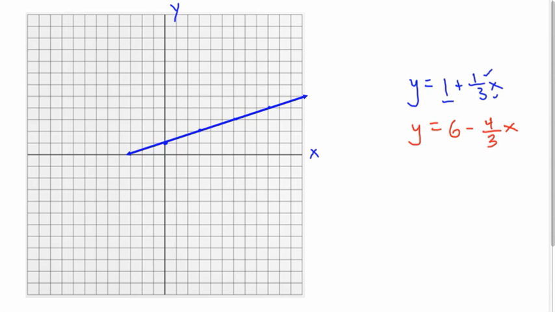Okay, so this one starts at 6. 1, 2, 3, 4, 5, 6. And it goes down 4 over 3. Down 4, 1, 2, 3, 4 over 1, 2, 3. Okay, and let's see if we have a red line.